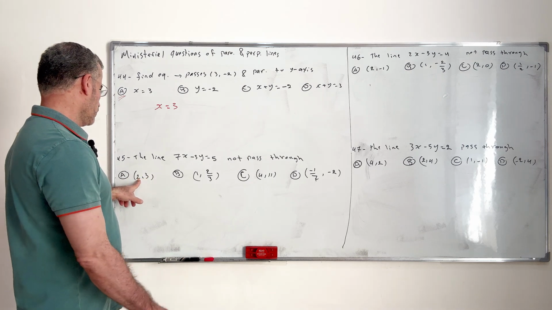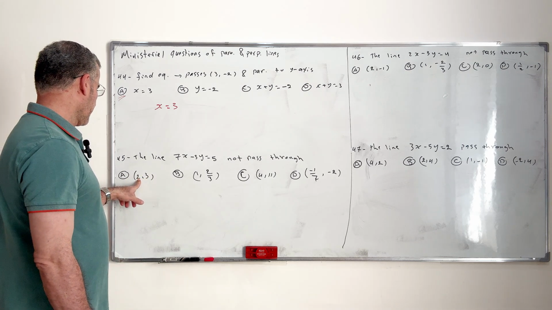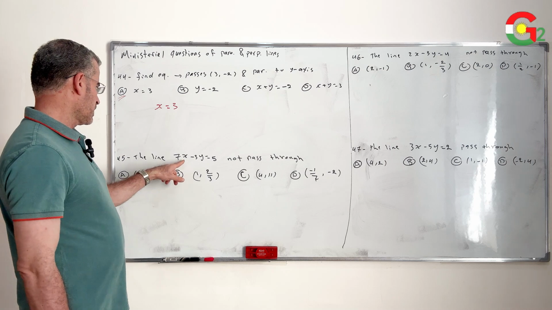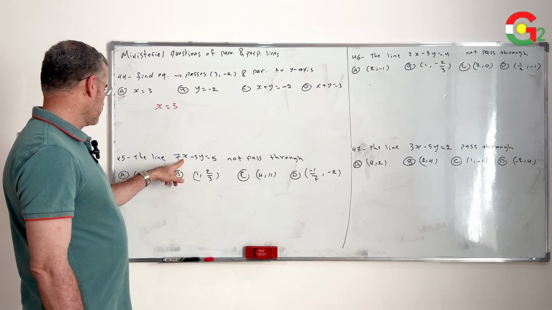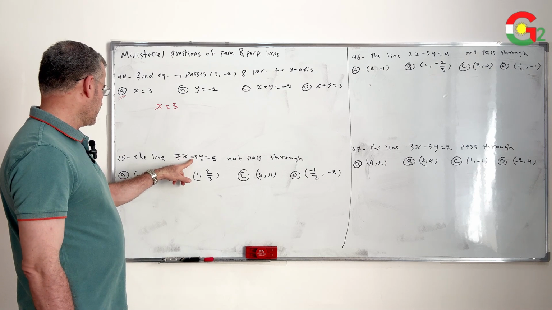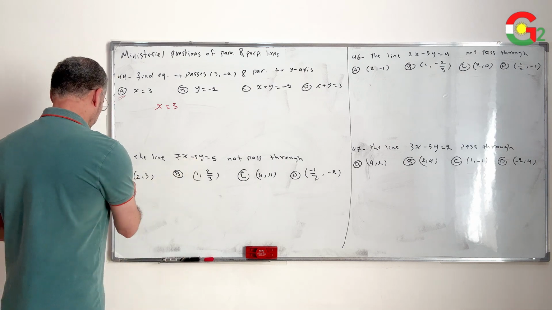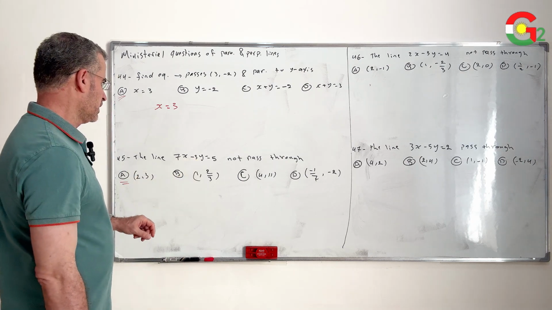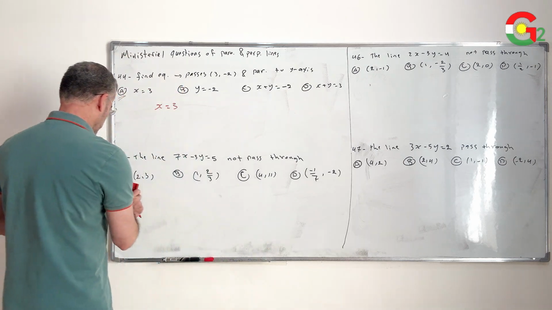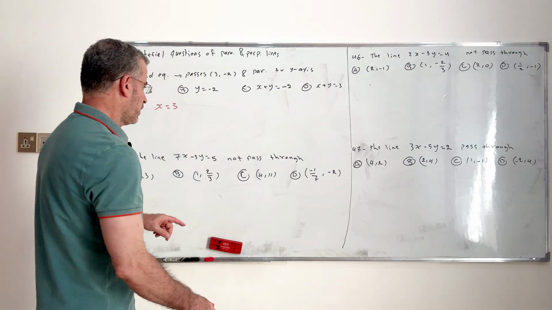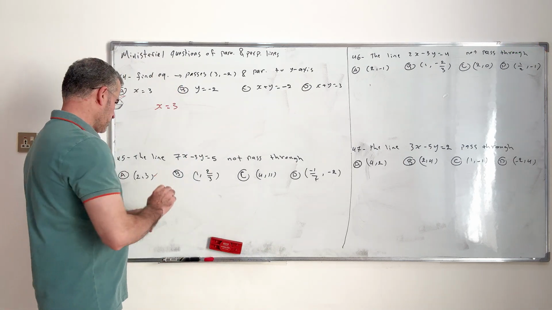When x = 2 and y = 3, it should satisfy the equation. 7 times 2 is 14, 14 minus 9 is 5. It is the right choice, so it passes, but we want to find the point that does not pass. This one passes.